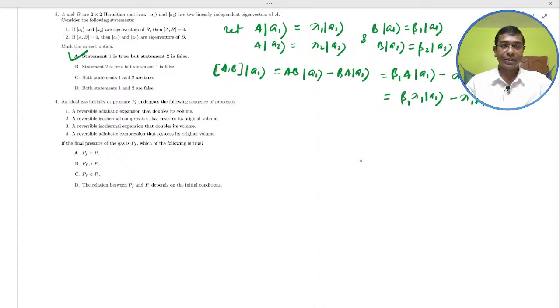If the final pressure of the gas is Pf, which one of the following statements is true? Pf equal to Pi, Pf greater than Pi, Pf less than Pi, or the relation between Pf and Pi depends on the initial condition. Try yourself.